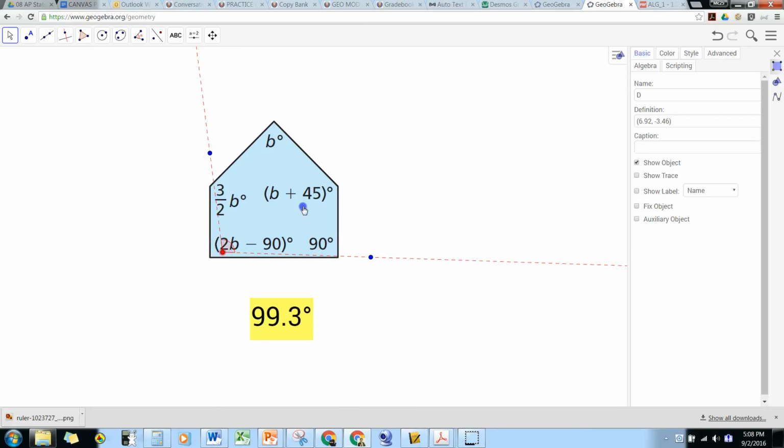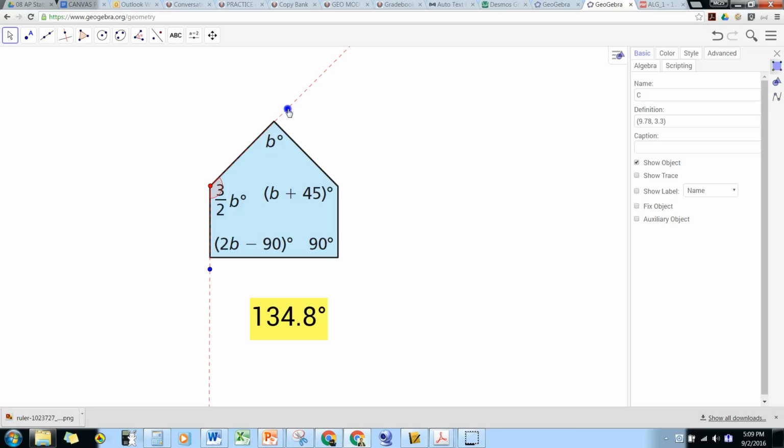Alright, let's check one of these. This one was 135. And, oh my goodness, that's reasonable. Let's check the other one that's supposed to be 135. Let's see if we can get a measurement close to 135.